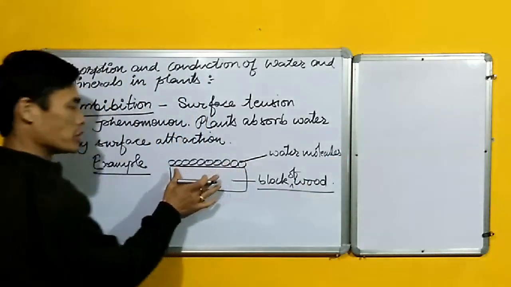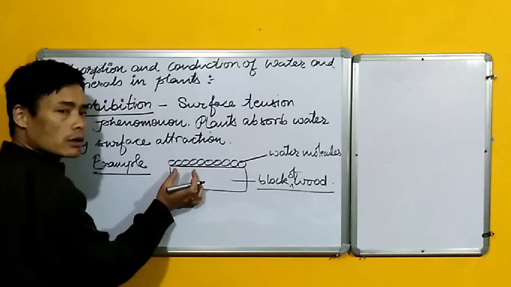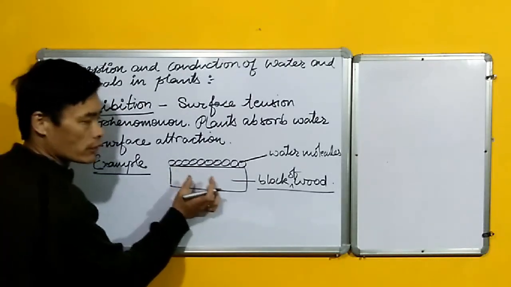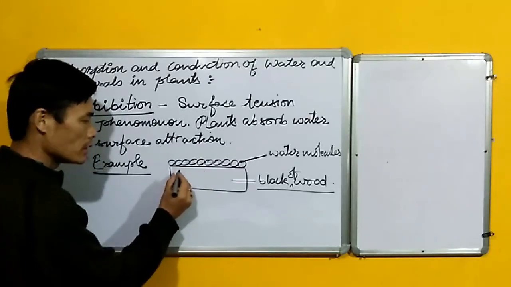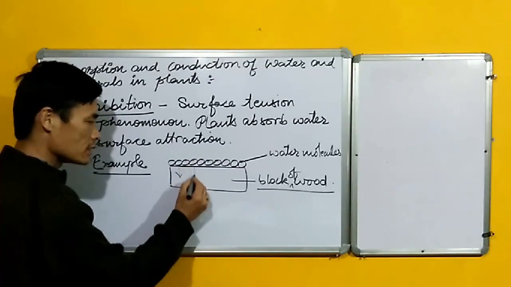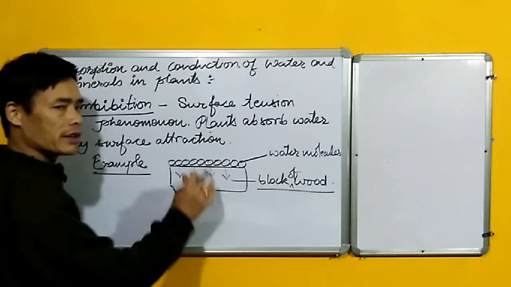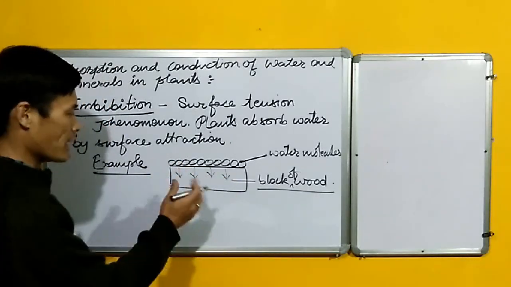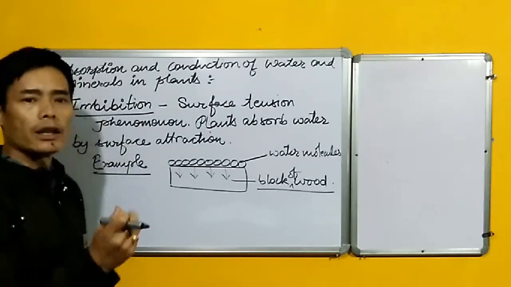Now these water molecules first of all come in contact with the wooden block, and then slowly the water gets into the wooden block. And if it is left further, we will find that this block of wood will begin to swell.